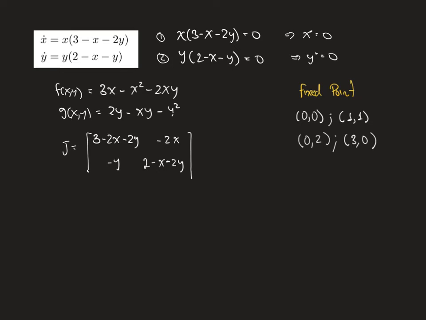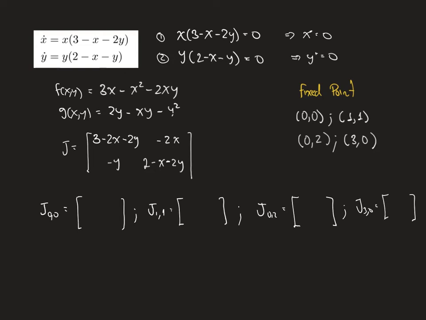Okay, so now we have the Jacobian, the general expression. Now we need the Jacobian for each fixed point. So we have J(0,0) equal to something, then J(1,1) equal to something, J(0,2) equal to something, and J(3,0) equal to something.